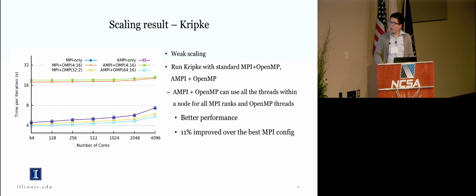So we have more freedom to schedule the MPI ranks and threads here. We achieved better performance, about 11% improvement over the best MPI configuration on MPICH and Intel OpenMP. So yeah, Kripke shows weak scaling.